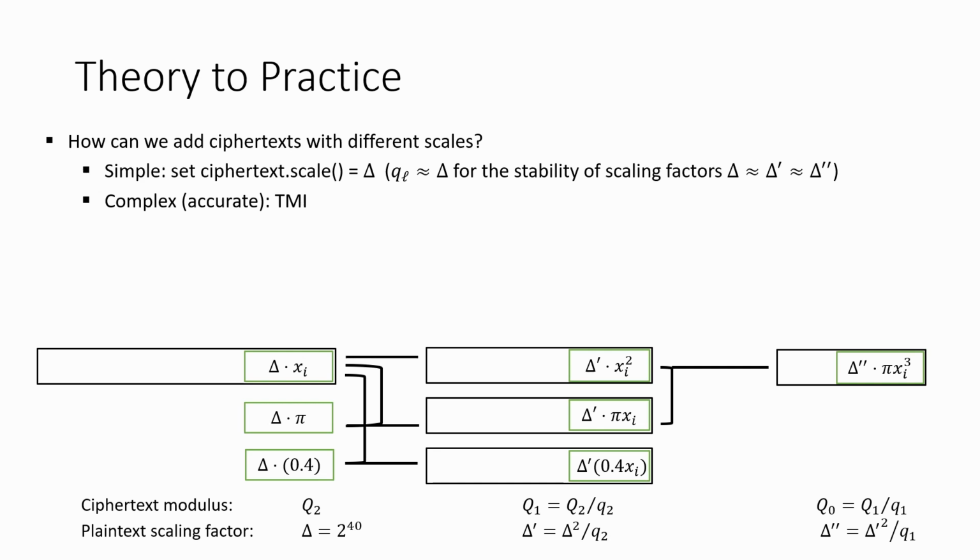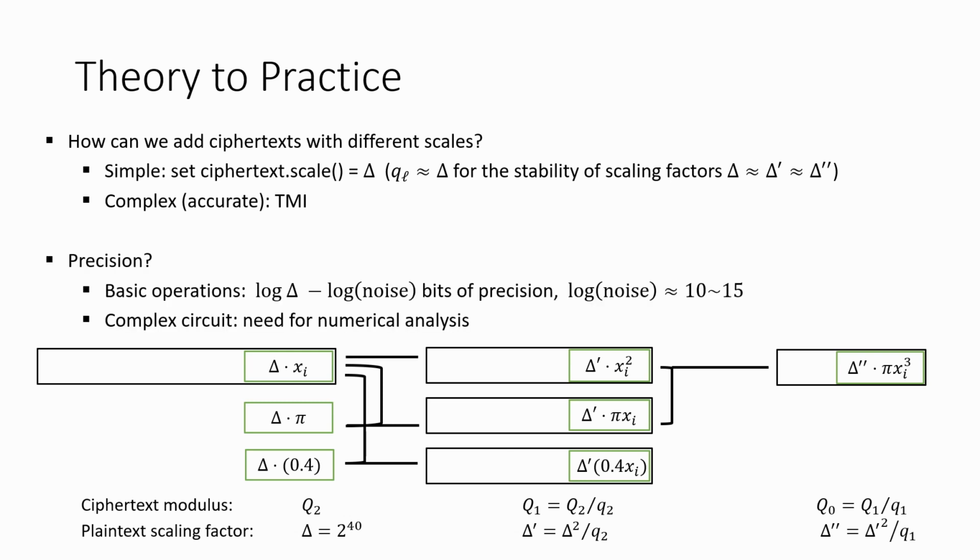Delta prime and the second delta prime are slightly different from delta, but they are almost close to each other. So you will lose some precision, but it's generally fine. And there is another method which, without precision loss, just consumes one level to change the scale of a ciphertext, but I'm not going to go into details. It's too much.